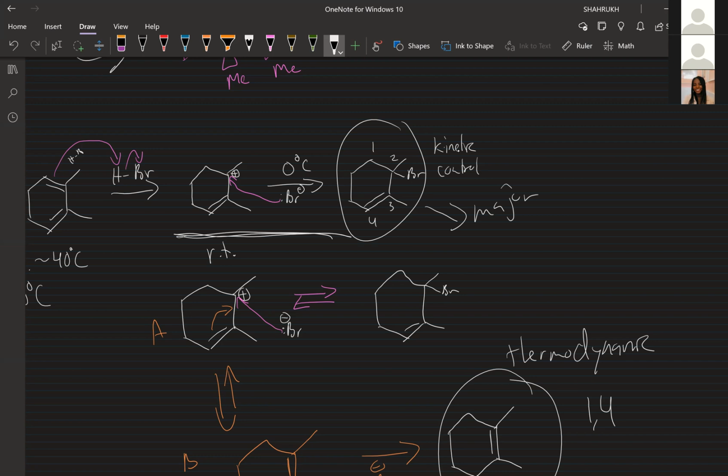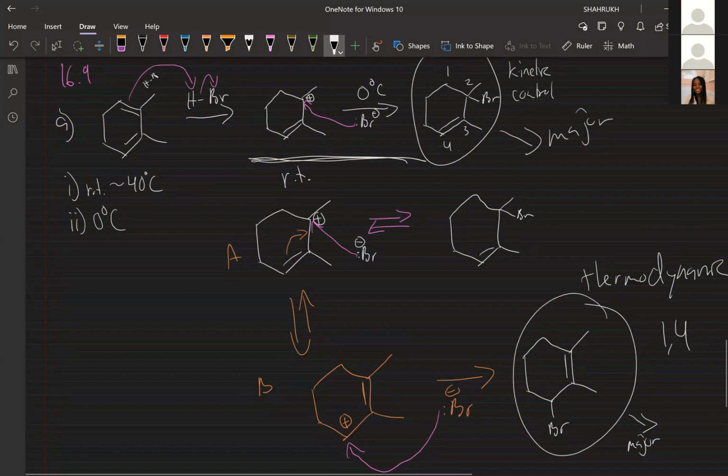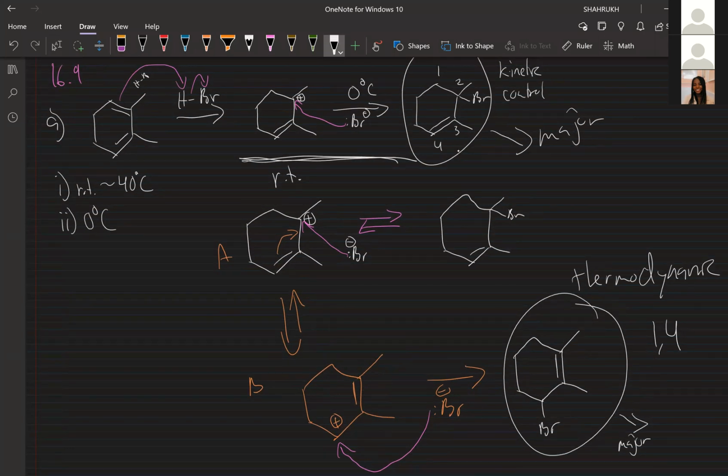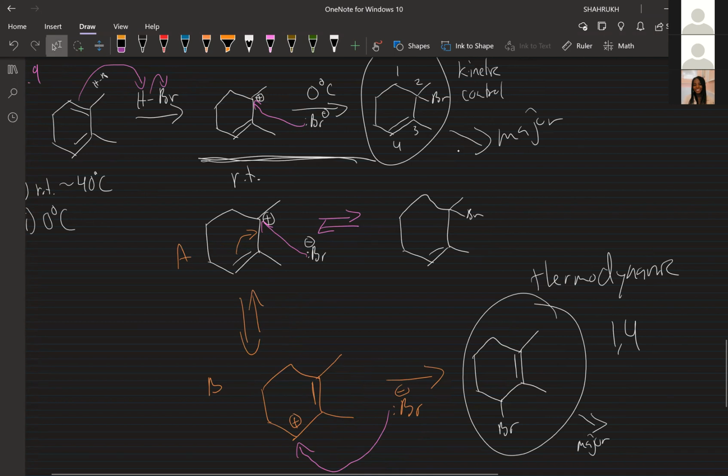Remember that question I showed you that has like 8 parts on it? If you're just given HBr and a temperature, then you just have to draw the major product. So it depends on the kind of question you're asked on an exam. If it's a small question, then just draw the major product. If it's a full-on question, you need to show the mechanism and how it all happened. That's why I wanted to cover it all in one question.